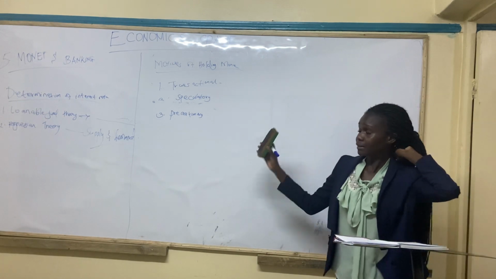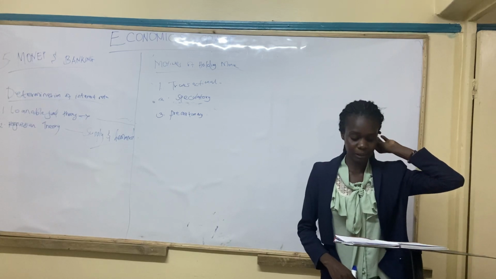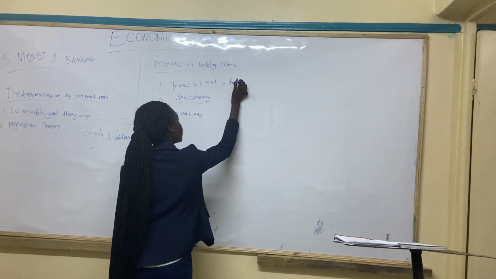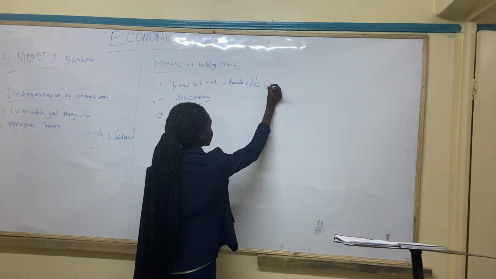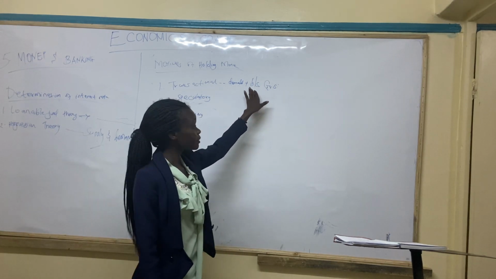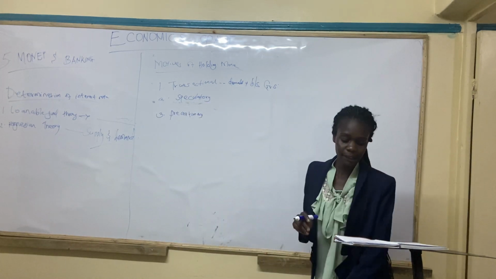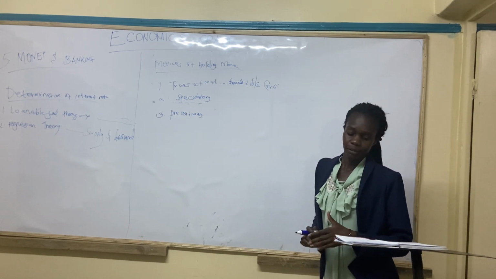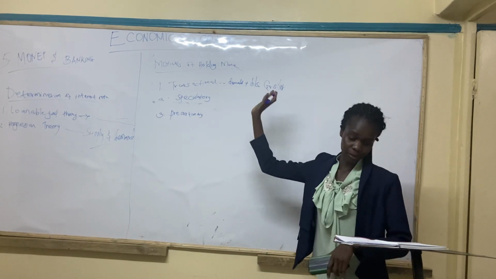Transactional is money demanded for buying or selling government securities. When you buy or sell, there is an interest rate being charged. So it is demand for buying or selling government securities, whereby the government pays a fixed rate of interest. There is a specific interest being paid on this.